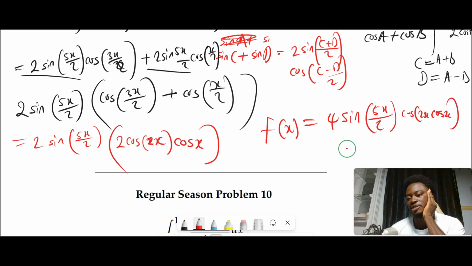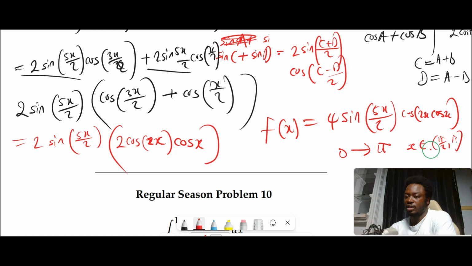Now the limit of integration is from 0 to pi. From 0 to pi, cosine of x is all positive except when x is between pi over 2 and pi, and there it is negative.